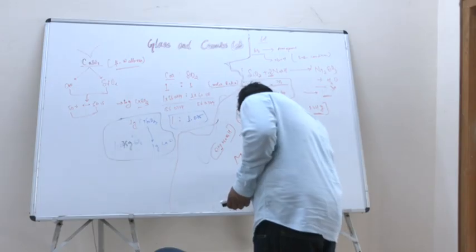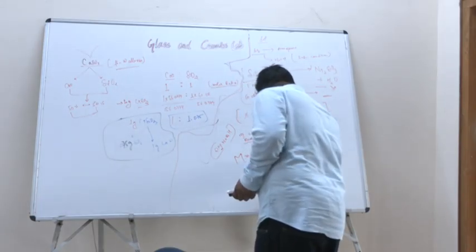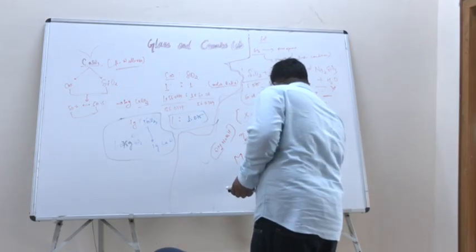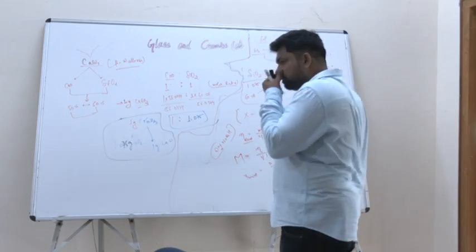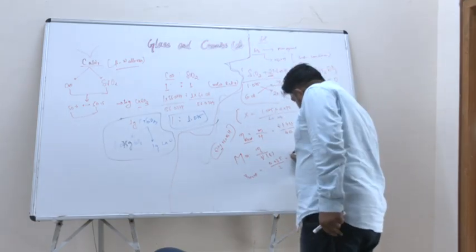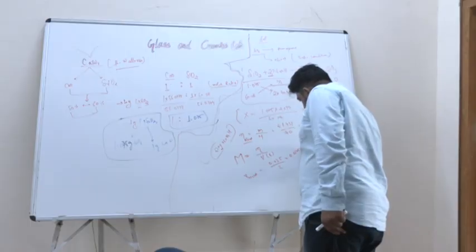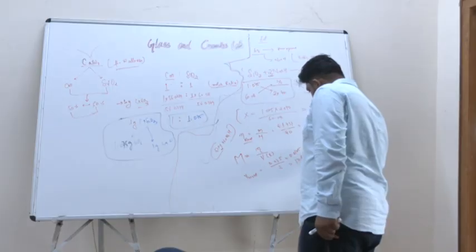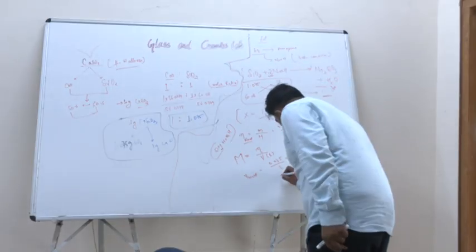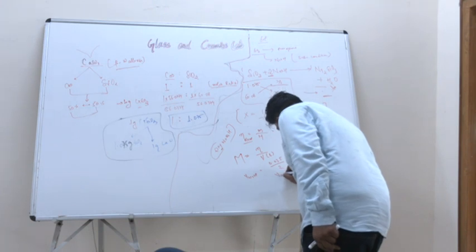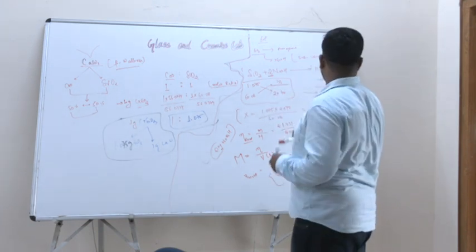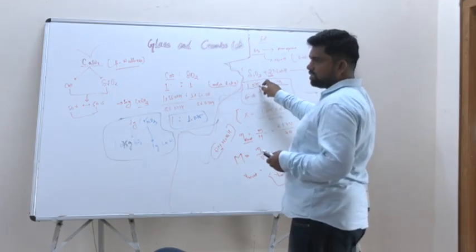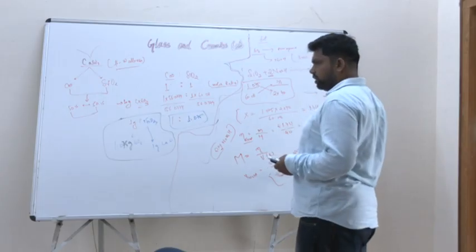So the volume of NaOH is 0.035 divided by 2, which comes to 0.0175 liters. Converting to milliliters, that is 17.5 ml. So from this, we got that to dissolve 1.075 g SiO2, you need 2 molar solution of NaOH.